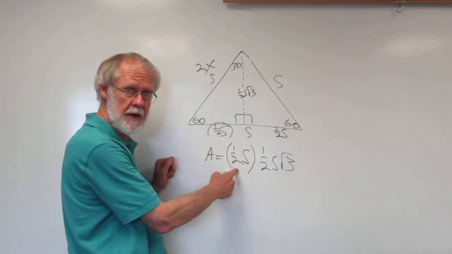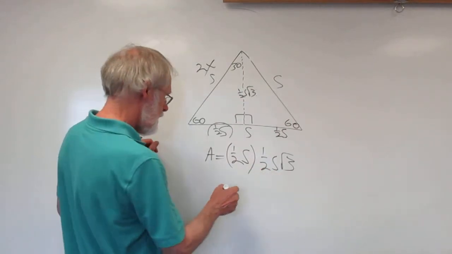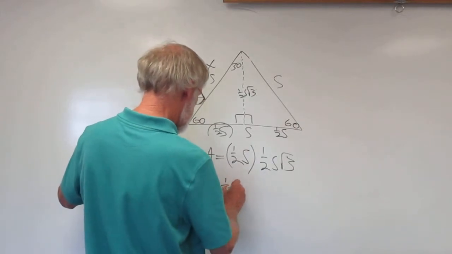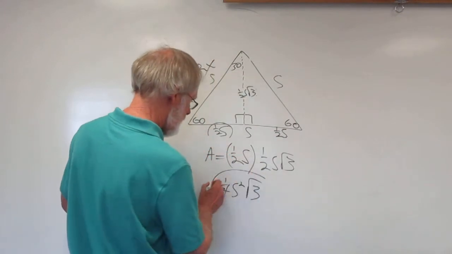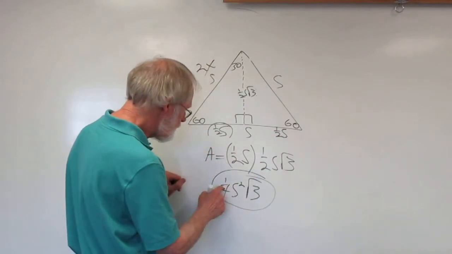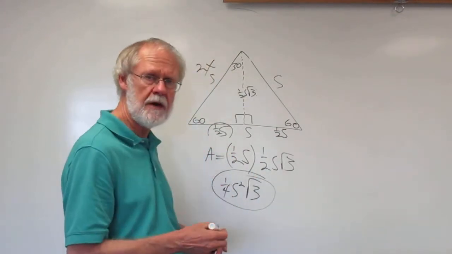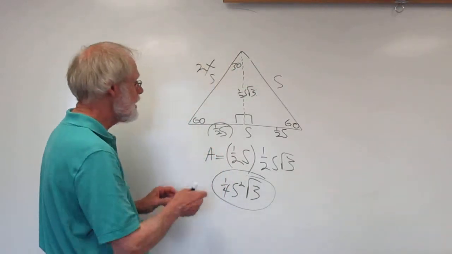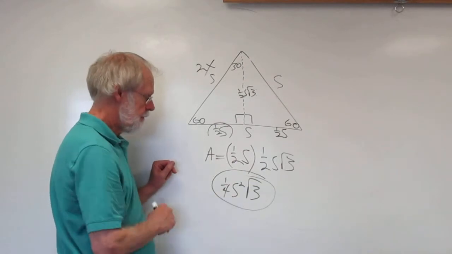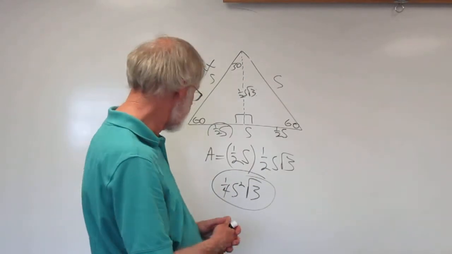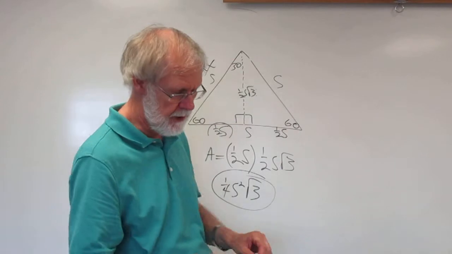I mean, this is 1/2 the base, this is the height. 1/2 times 1/2 is 1/4, so we get 1/4 S squared square root of 3. There. Now you have a formula for finding the area of an equilateral triangle given only a side length. That's all you need right here: 1/4 S squared square root of 3.